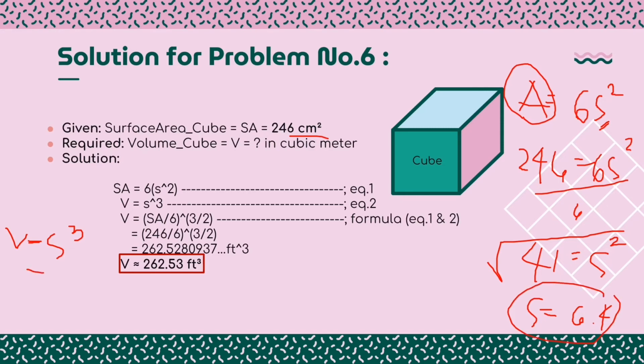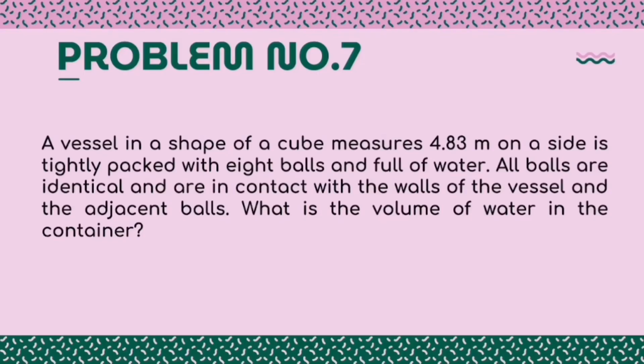To get the volume, we substitute 6.4 cubed. Then our volume would be 262.53.